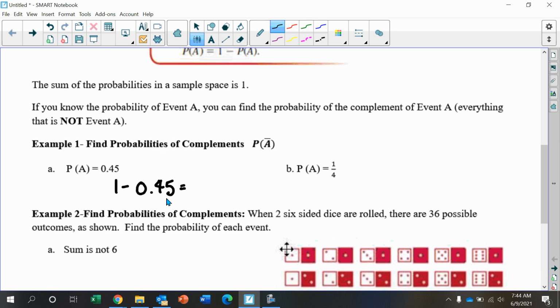If I were just minusing 1 from it, 1 minus 0.45, I'm going to get 0.55. That's it. If I were to do this, I would minus it to get the complement, which is a line on top. All I'm doing is 1 minus 1/4. You can make this a decimal or leave it as a fraction, your choice.